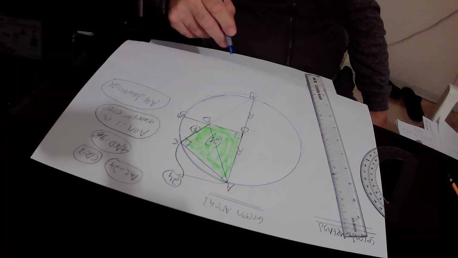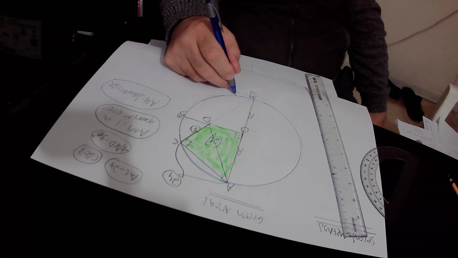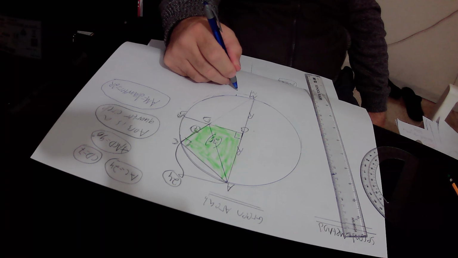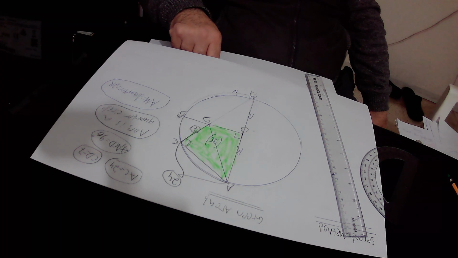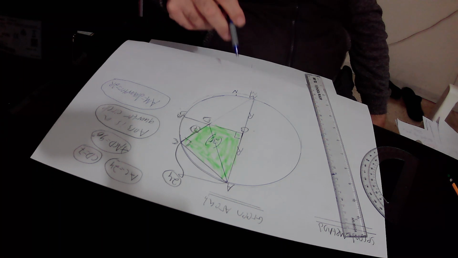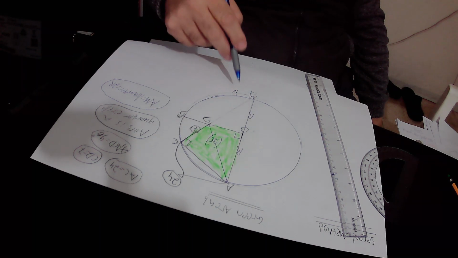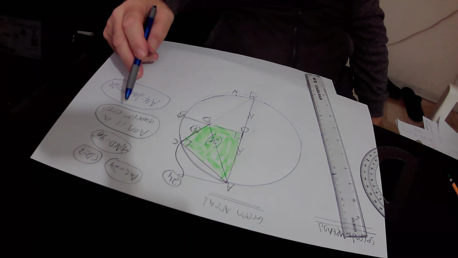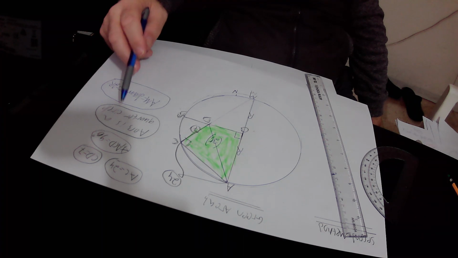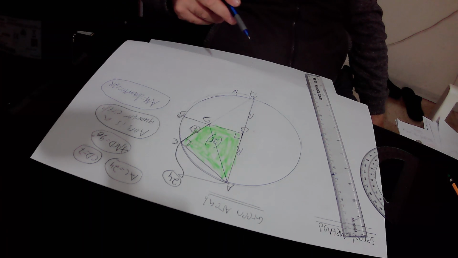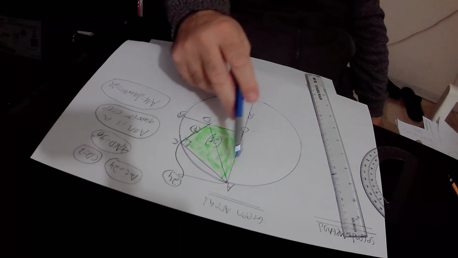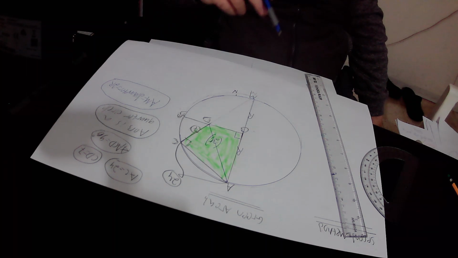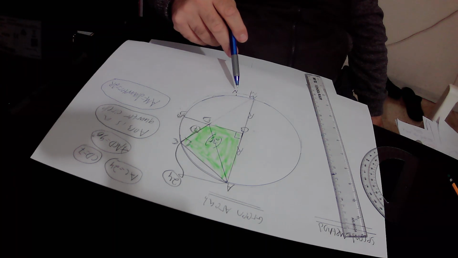For example, we'll assume that the extended side CD will touch the circle at this point, point N. So we'll have peripheral angle ACN that equals 90 degrees according to what is given in the question. This peripheral angle ACN rests on AN. And AN is definitely not the diameter of the circle.